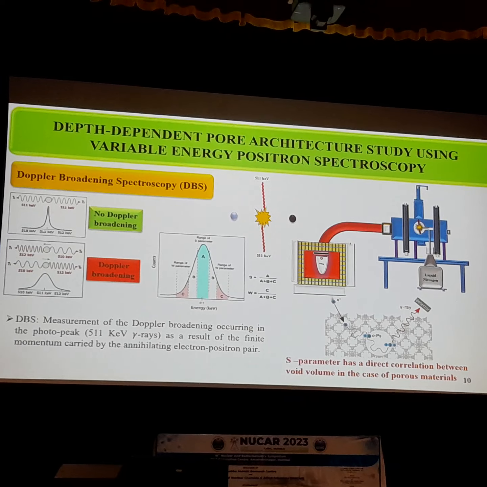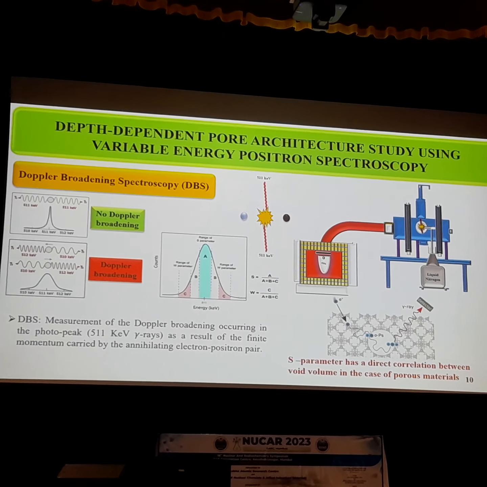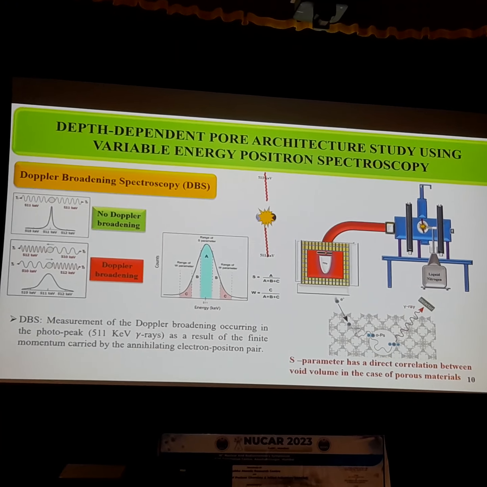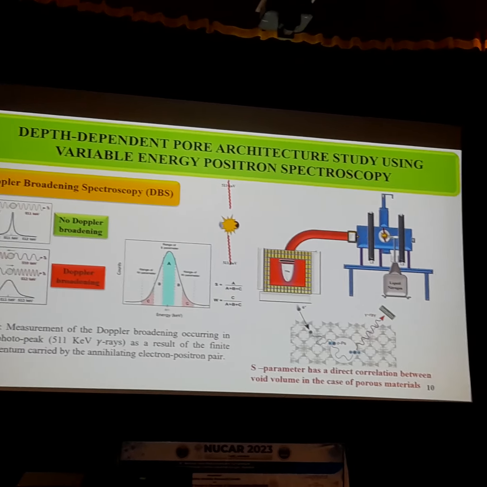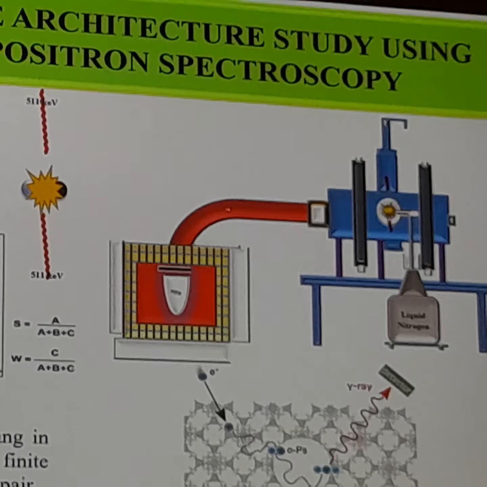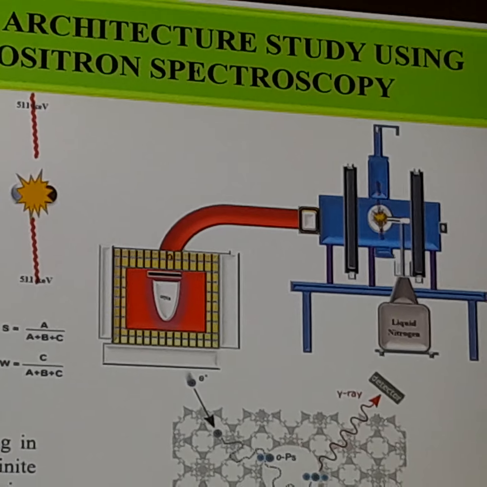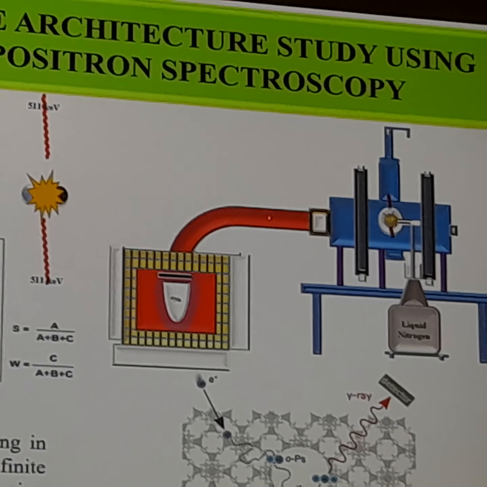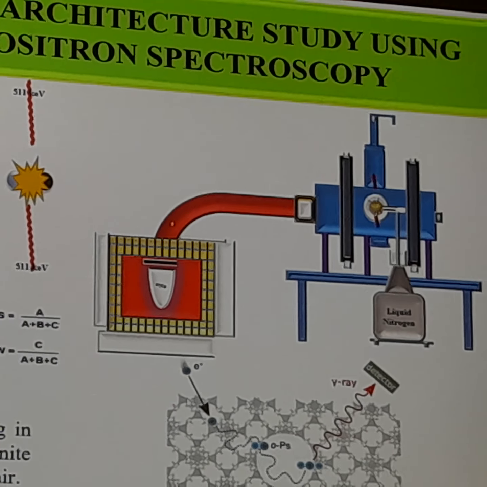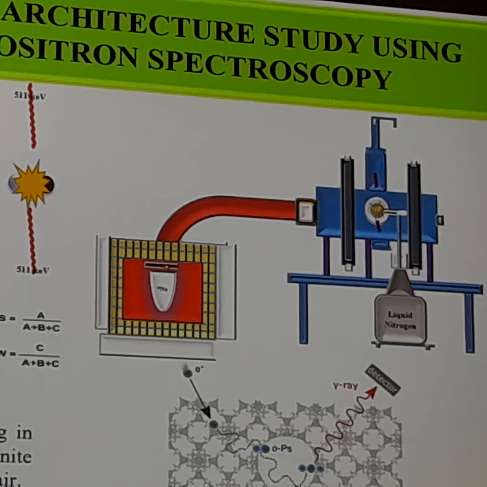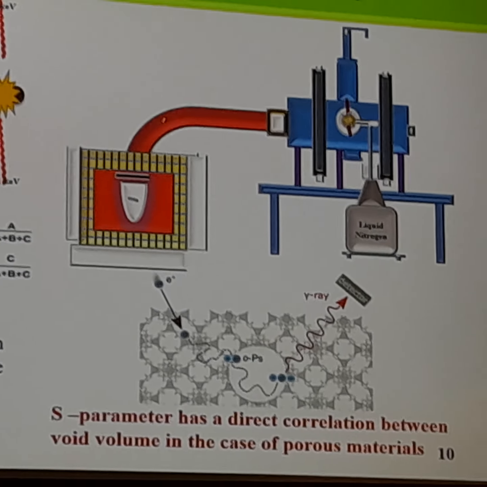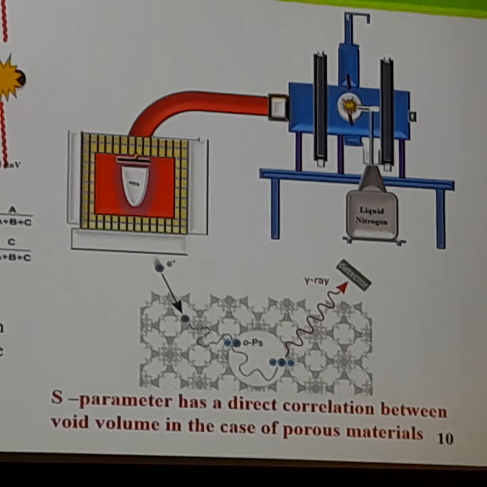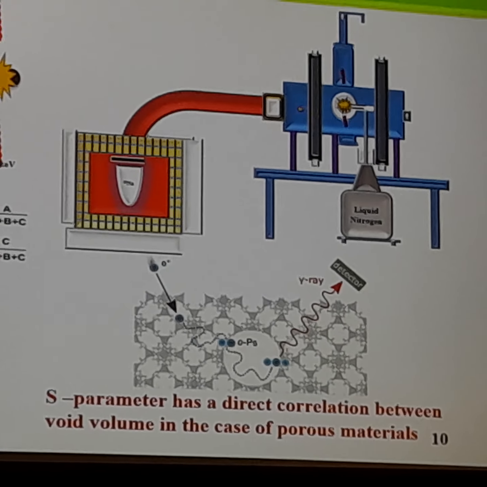Now, this is the instrumentation we use for the study. This is the variable energy positron spectroscopy, where I can accelerate the positron accordingly, and I can implant at different depths according to the accelerating voltage, so that I will get an idea about the pore architecture in terms of depth.